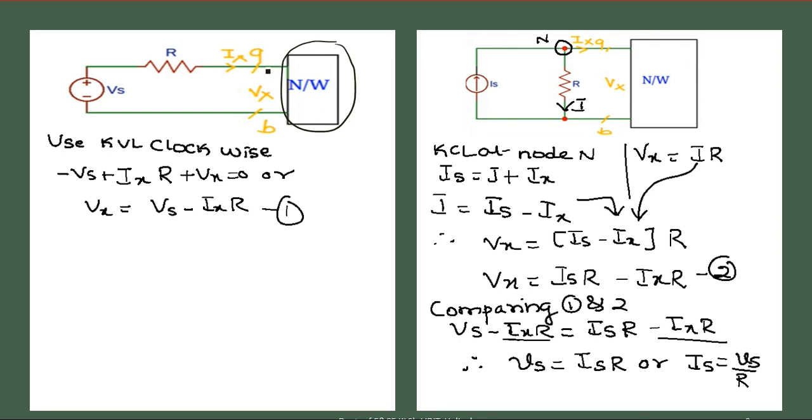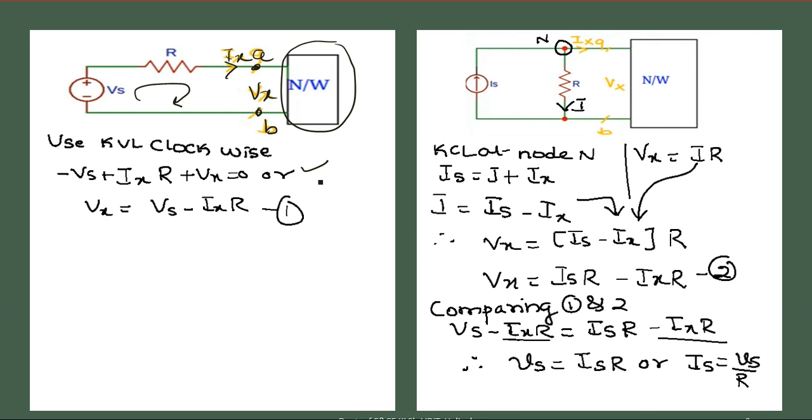But till here, if I assume at this point this has node A and this has node B. Okay, so if I assume that some voltage drop is there, that is Vx, then if I assume that some current is flowing, that is Ix. Okay, so then if I apply KVL in a clockwise direction, what I will get is this equation.